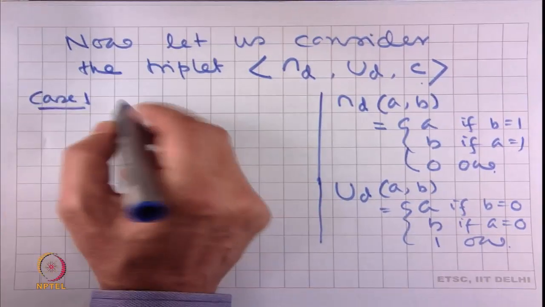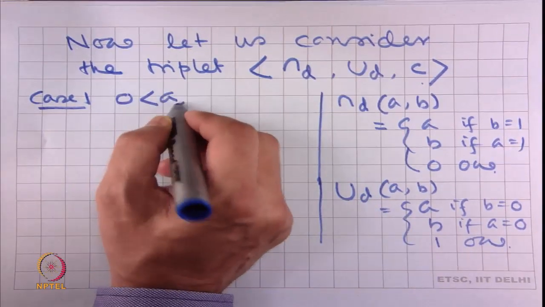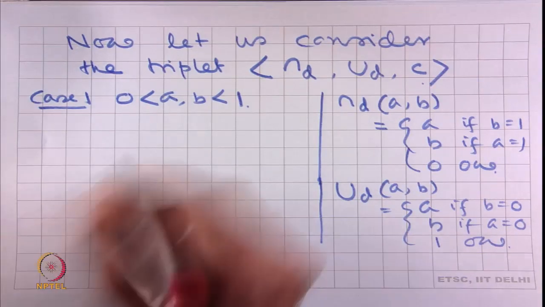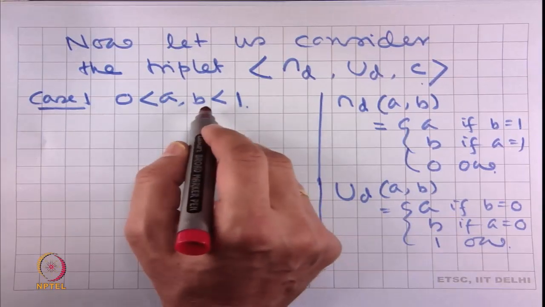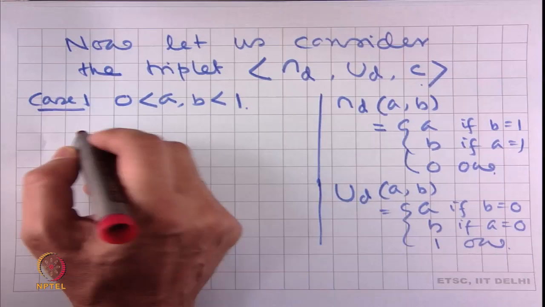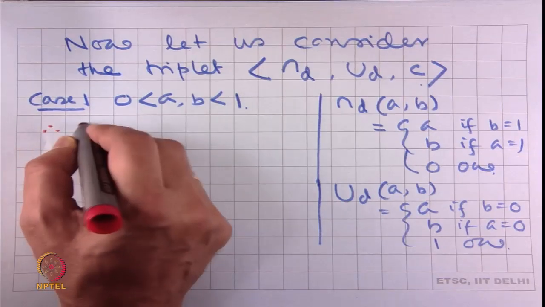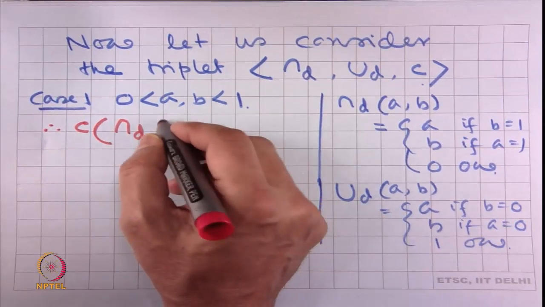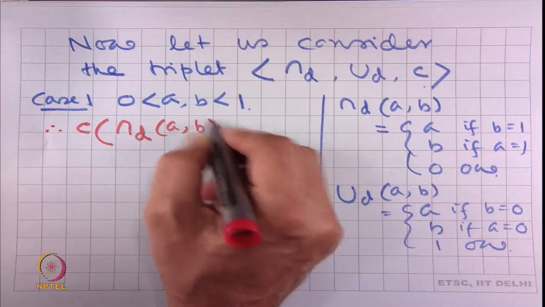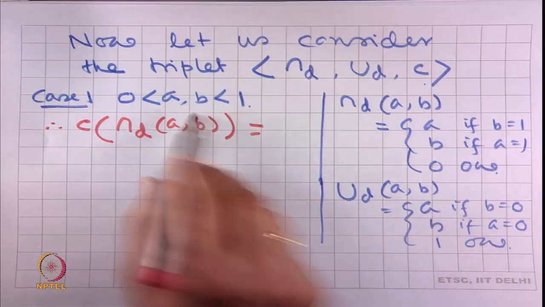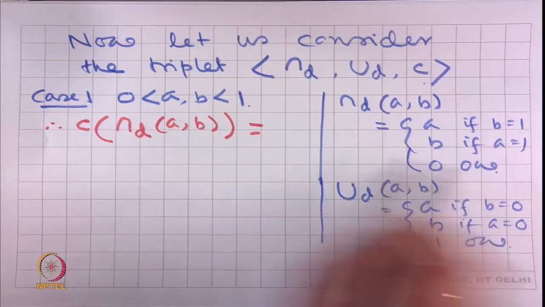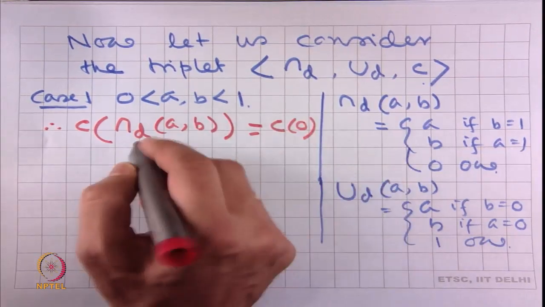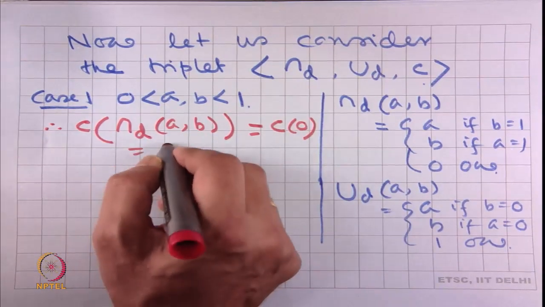Case 1, 0 less than A comma B less than 1. That is, both A comma B are less than 1. Therefore, C of drastic intersection of A comma B is equal to, since both are less than 1, we get 0, which is C of 0, equal to 1.